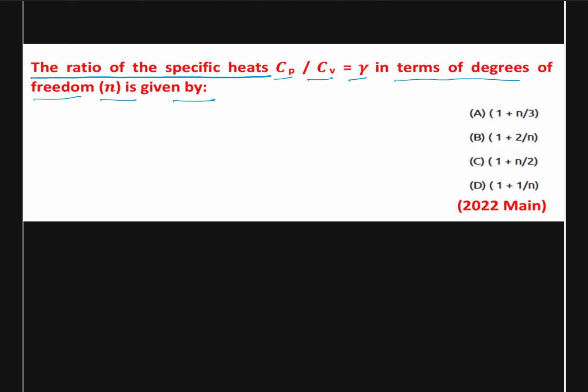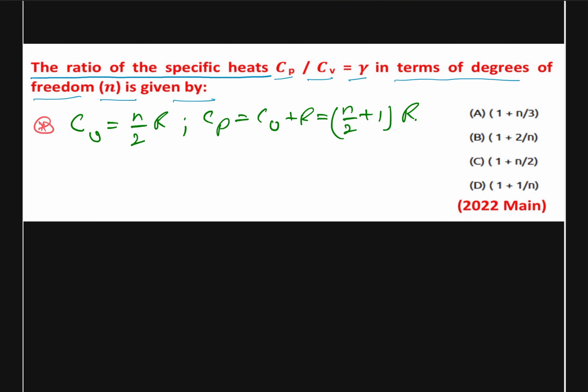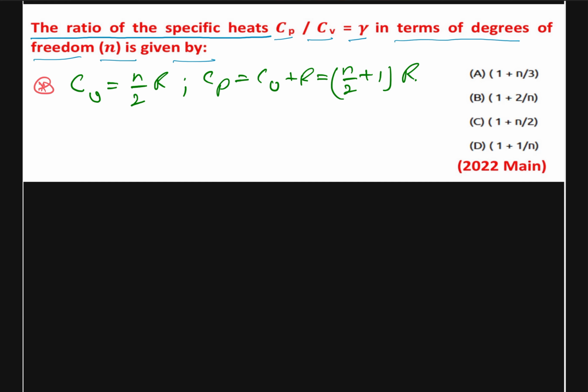So we know that Cv, at constant volume, is equal to N upon 2 times R, and Cp, which is Cv plus R, comes as N by 2 plus 1 times R.